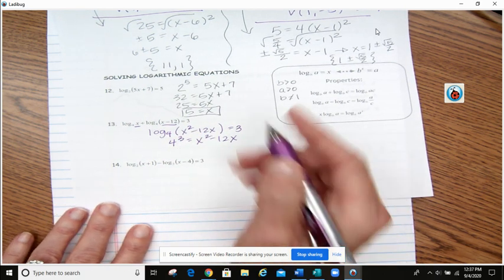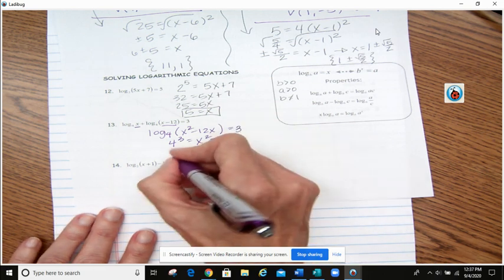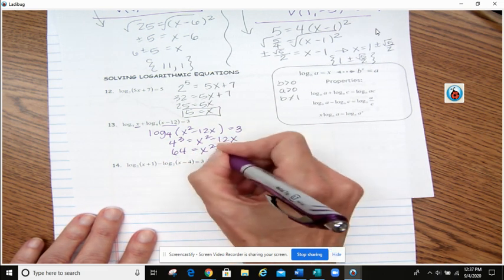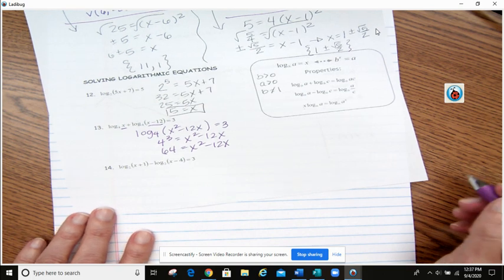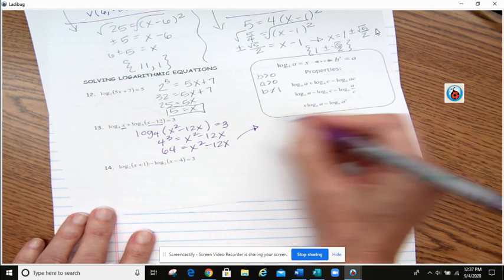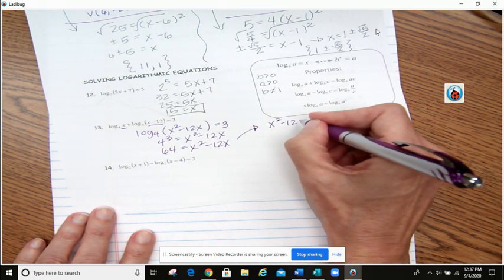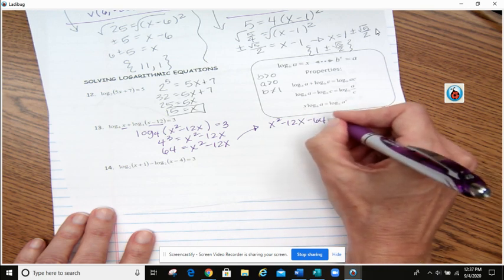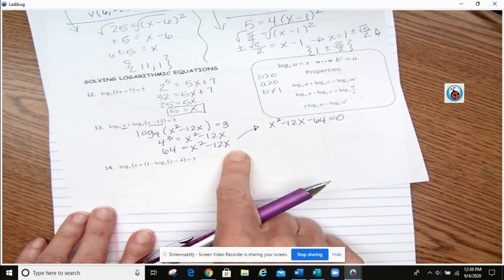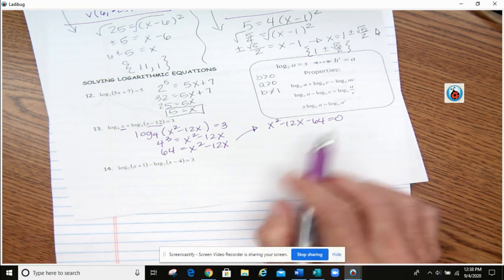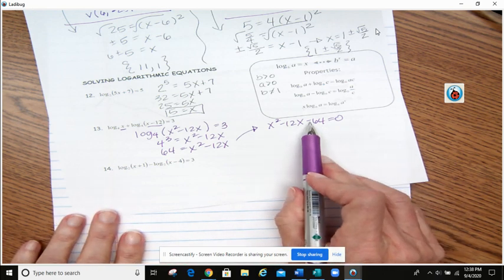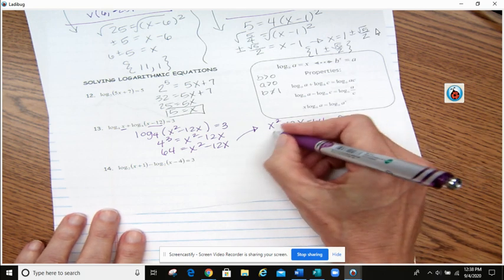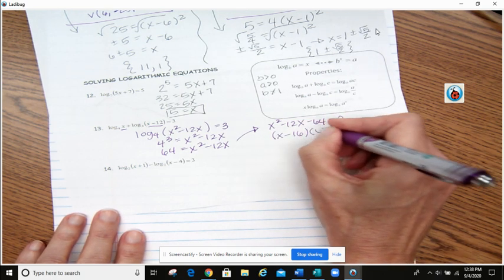4 cubed is 64. And this is a quadratic equation. So to solve a quadratic equation, generally, your first strategy would be to set it equal to 0 and try and factor it. So if I set this equal to 0, I'd subtract that 64. Okay, easy to factor here. 2 numbers that multiply to give you negative 64 and add to give you negative 12 are negative 16 and positive 4.